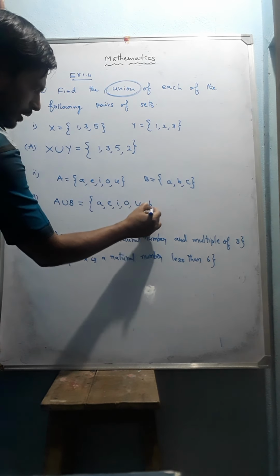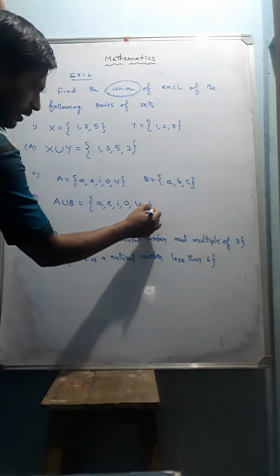Next, third one answer. So here the A set and B set are represented in set builder form. So you just change them to roster form. Then A is equal to the set of, so x is a natural number and multiple of 3.